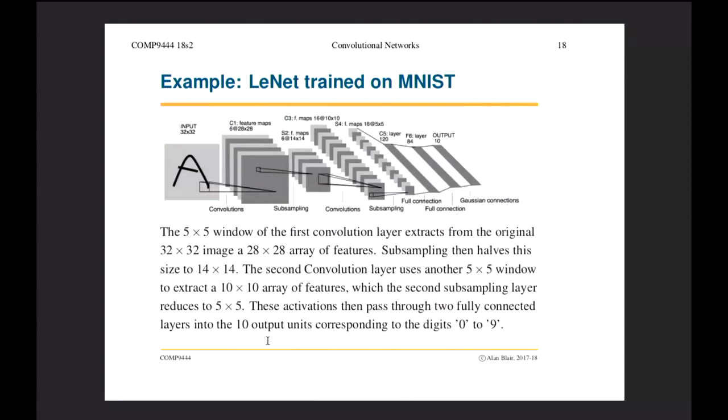Yes, I mean, I suppose, well, you mean about the number of free parameters? Well, yes.